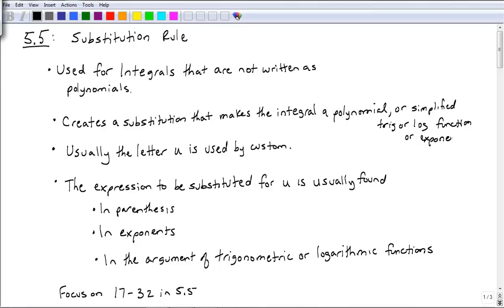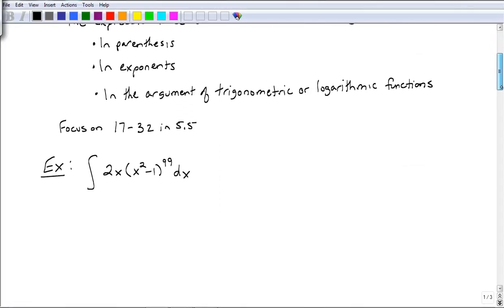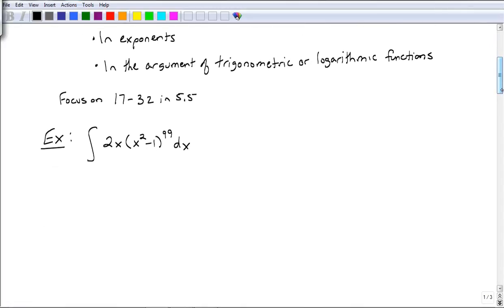Those are when they're in the powers. And what you have to do is you have to replace the function and the dx, because you're changing the letter for dx.